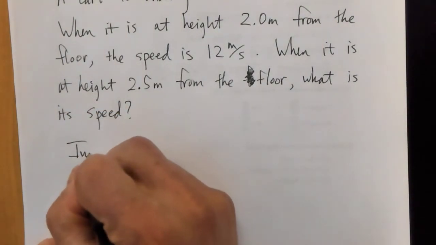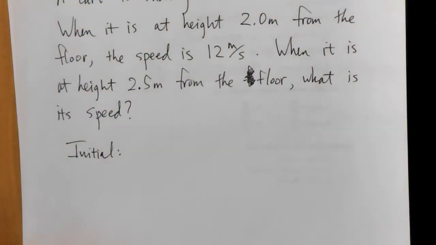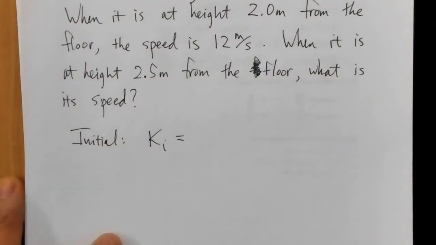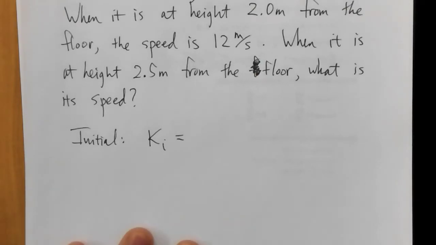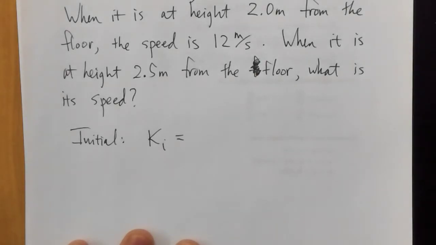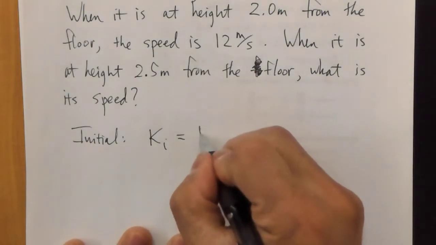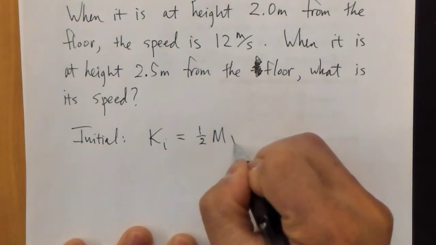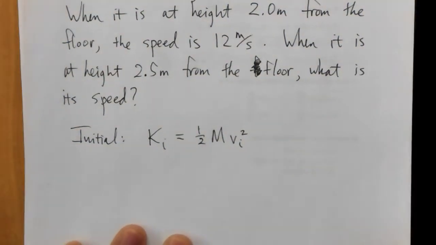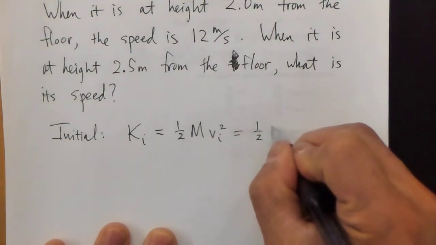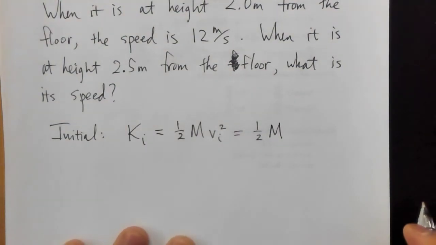All right, so first let's look initially. The way I like to do is just write down all of these things. Initially, the kinetic energy, let's figure it out. Now, we don't know the mass, but the mass is going to drop out of the problem. There will be m's in front of everything. So let's just call the mass capital M. And so we'll say 1/2 M v initial squared. Okay? And then we will have 1/2 times M, which we don't know, times the speed.